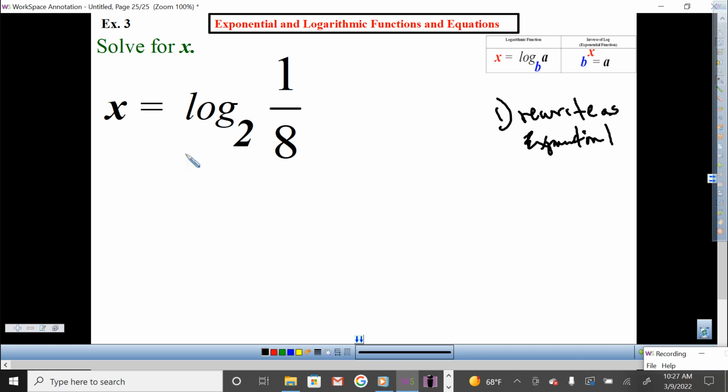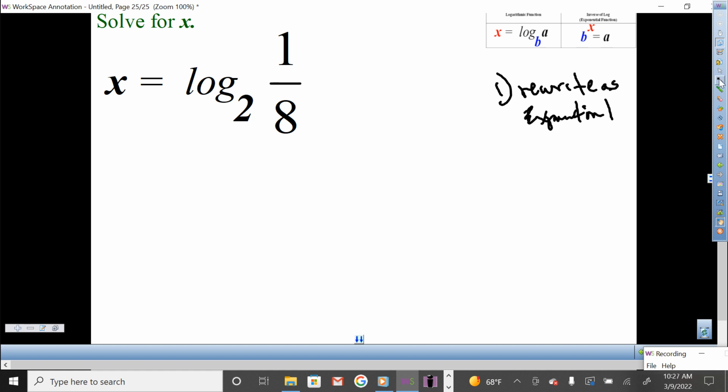Rewrite it as an exponential, please. All right, Daniel, go. 2 to the x equals 1/8. Hands, have you got that? Okay, so that's step 1.